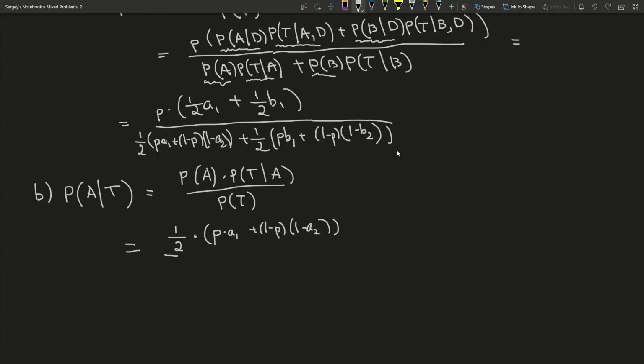Now in the denominator, we're again going to apply the law of total probability, and we're going to rewrite the probability of testing positive as the probability that the results were sent to lab A for testing and the test came back positive, plus the probability that the results were sent to lab B for testing and the tests came back positive.